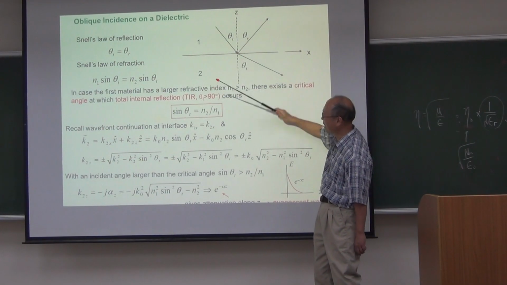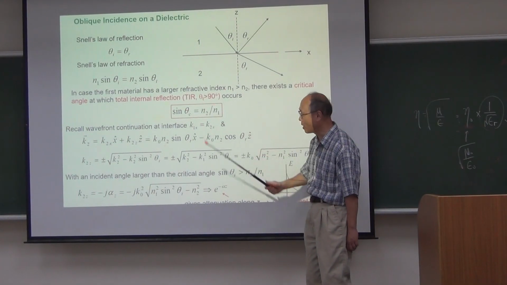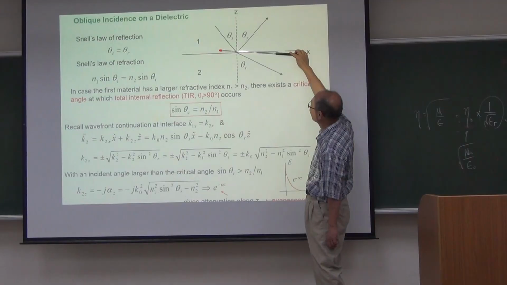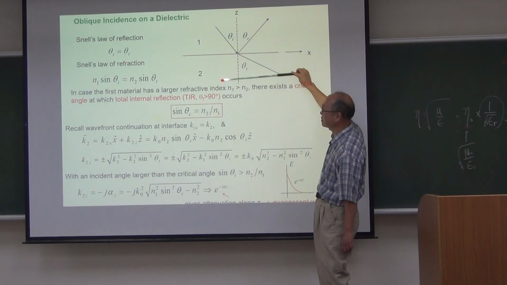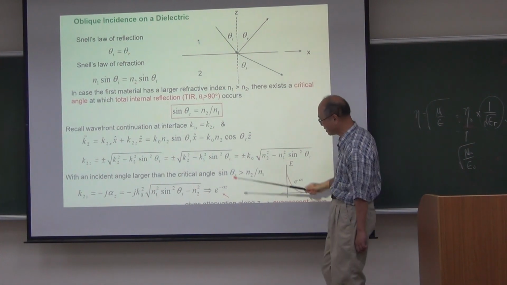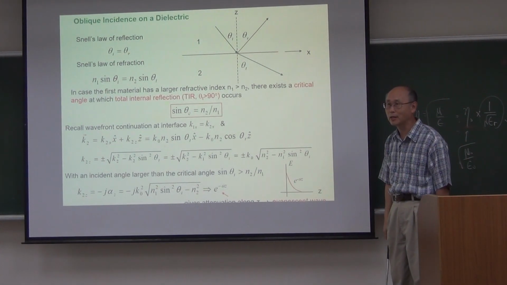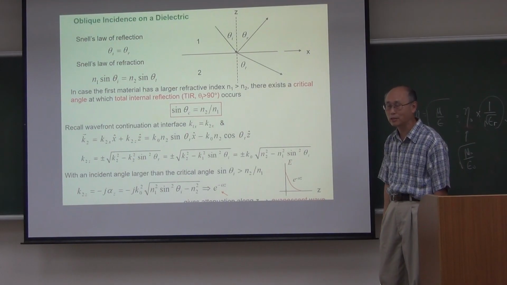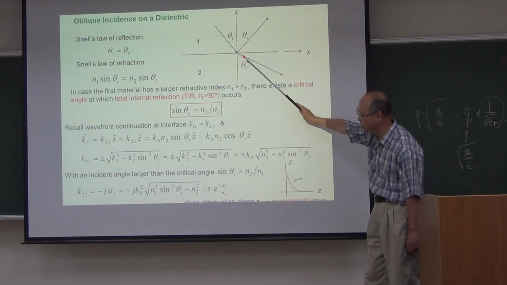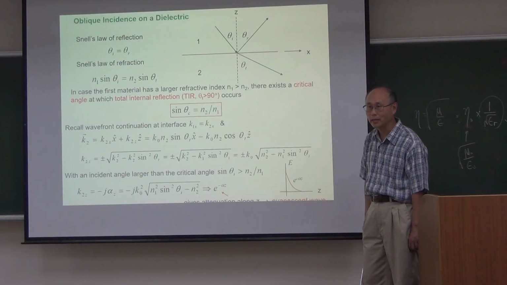If you have an incident angle larger than this critical angle, the electric field is going to attenuate, an exponential decay along this direction. And this is how you get the so-called evanescent wave expression. So please go through this calculation in the handout.